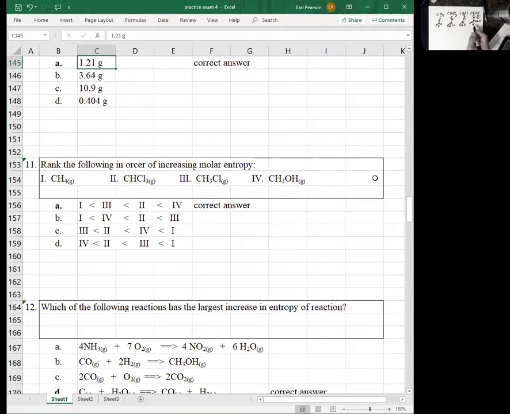I'm going to bet that this one is the greatest, because it has more atoms to rearrange in space than these do. So I'm going to pick that one as the best answer. And you know what? Play the test. There's only one answer that has number 4 in the correct place. So I'm done. I don't have to do any of the others.